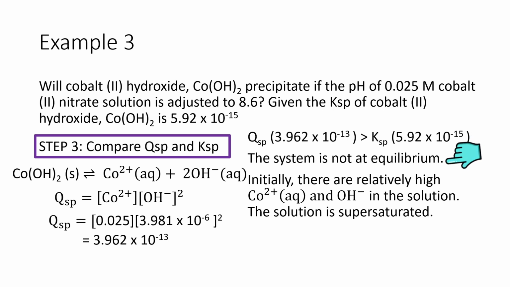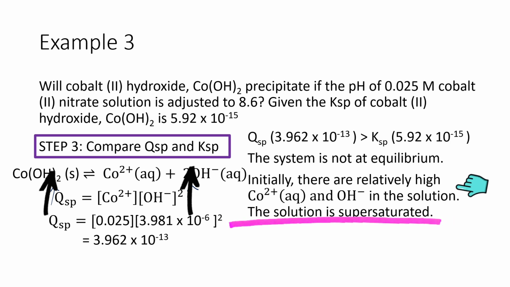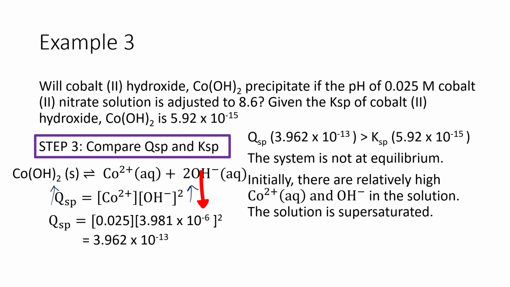Therefore, the system is not at equilibrium, and initially there is a high concentration of ions present in the solution. As initially there are relatively high concentrations of ions in the solution, the solution is therefore supersaturated with ions. In order to reach equilibrium, the system must reduce the concentration of ions by shifting to the left.